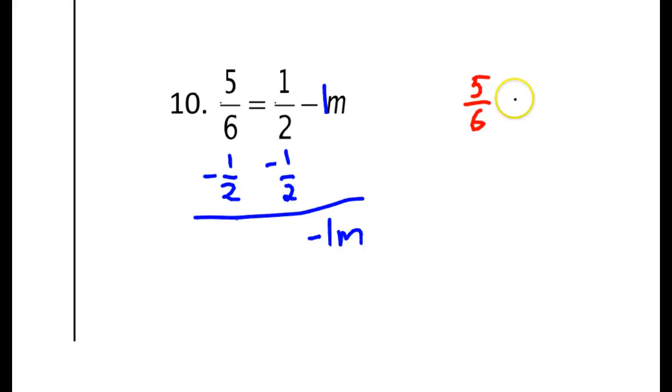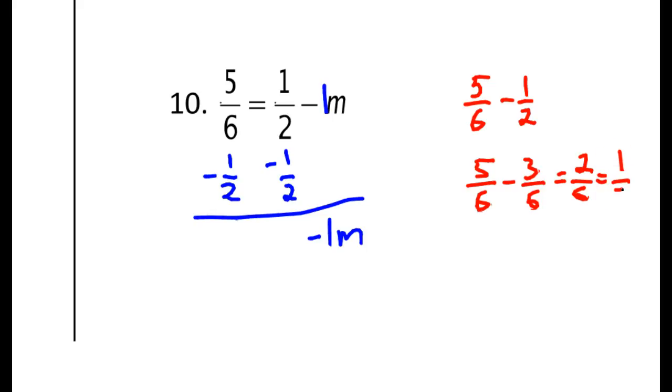5/6 minus a half. Common denominator of 6. 5/6 minus 3/6 equals 2/6, which is 1/3. Right, bring it back here. 1/3.